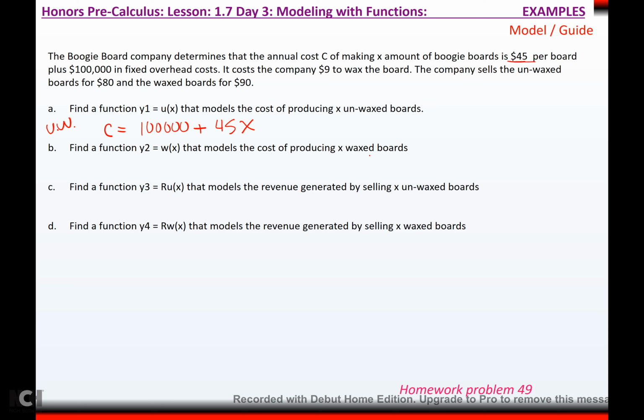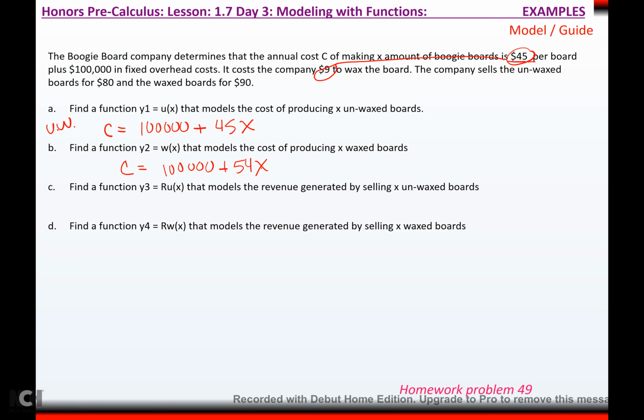But if I want to figure out the cost of making waxed boards, my cost would be the 100,000 plus it's going to cost 45 plus an extra 9 to wax the board. So 45 plus 9 is $54 per board.